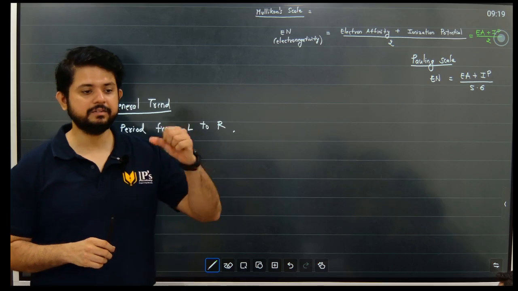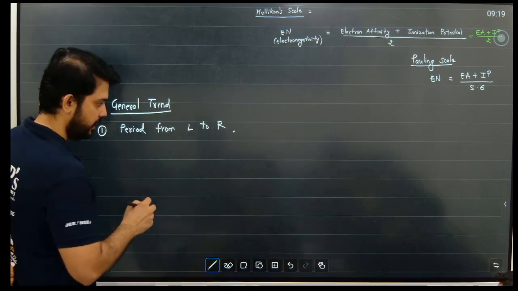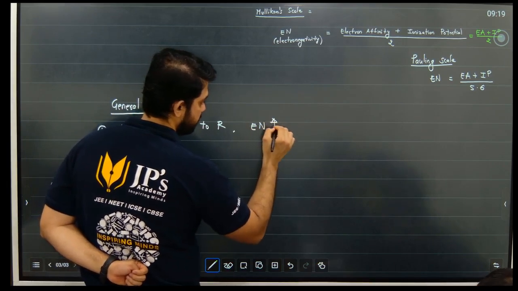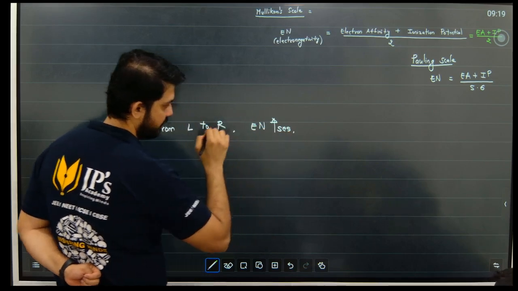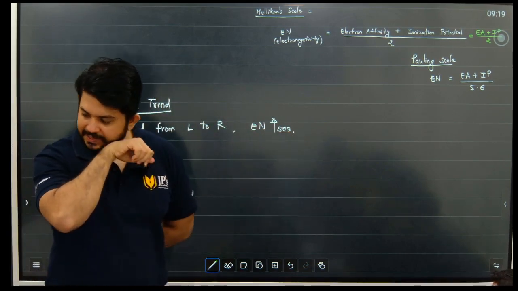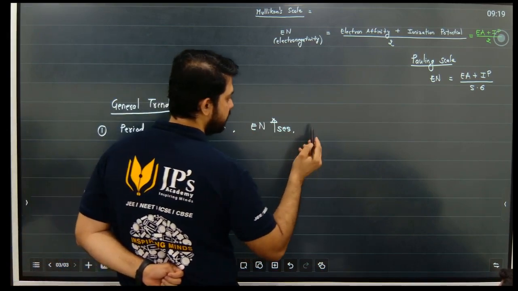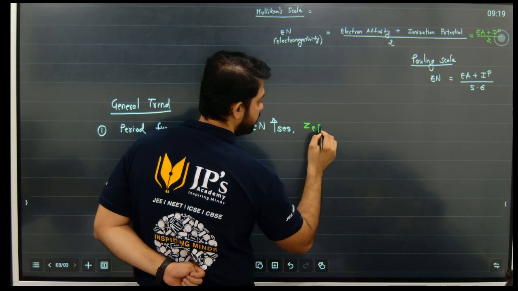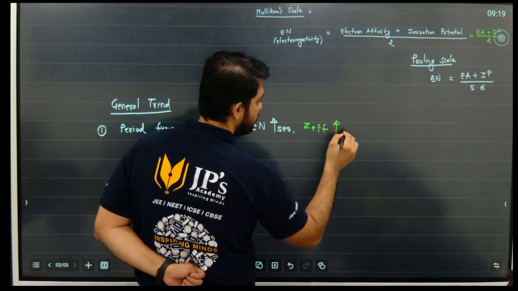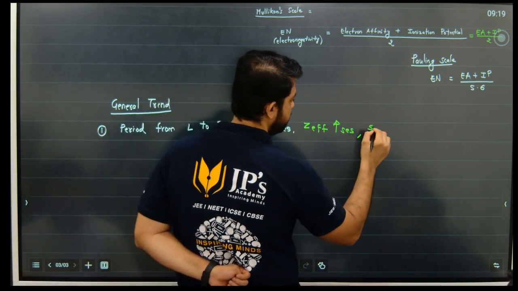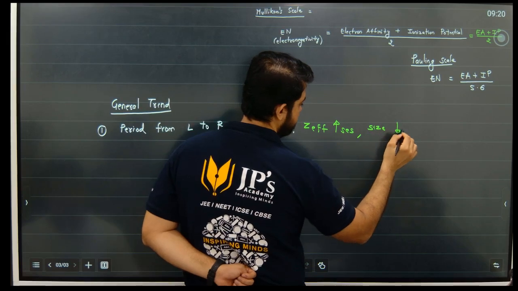Will it increase or will it decrease? Electronegativity increases. How do you think electronegativity increases? Because what increases? Effective nuclear charge increases. What happens to size, people? Size decreases.